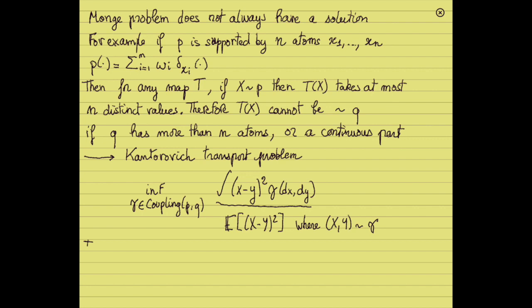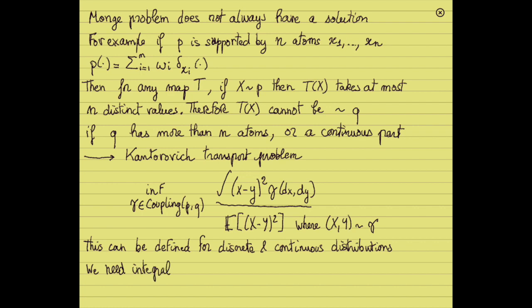This is more general than the Monge problem, because now it can be defined for discrete and continuous distributions. It could even be that P is discrete and Q is continuous, and we might still have couplings of those two distributions. Thus, among the couplings, we might have a coupling that attains the infimum. It might not be unique, but there might be at least a coupling attaining the infimum.